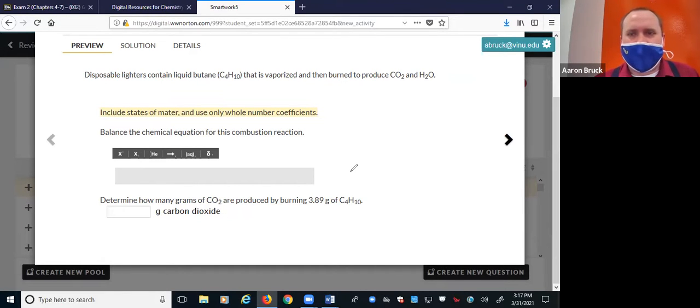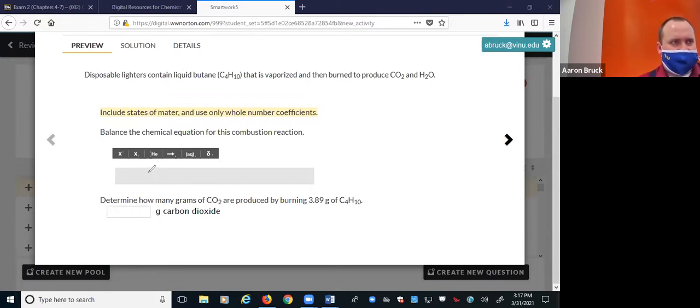All right, so we've got butane. Butane is vaporized and then burned to create carbon dioxide and water. First thing we need to do is write a balanced chemical equation for the combustion reaction. Second thing we need to do is figure out how much carbon dioxide is made from this combustion.